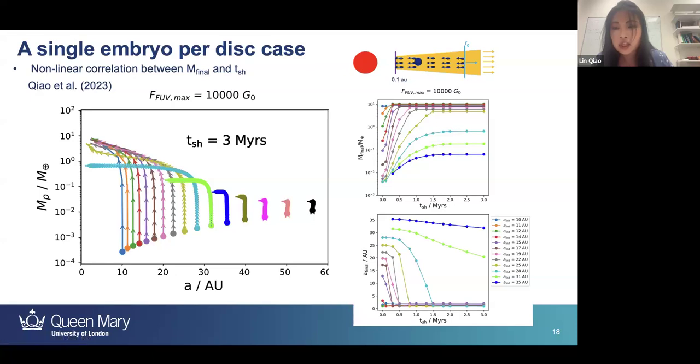An embryo initially located at 25 AU, for example, is only able to grow to lunar mass if the disk is not shielded. But if it is shielded for 1.5 million years, it is able to grow to almost 10 Earth masses. But these simulations so far only consider a single planetary embryo per disk.